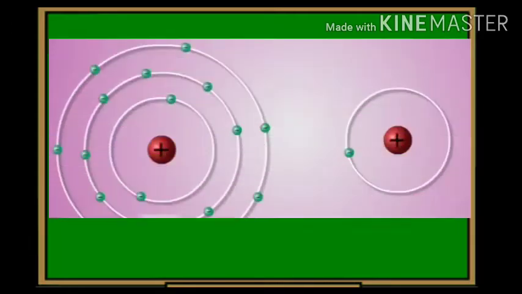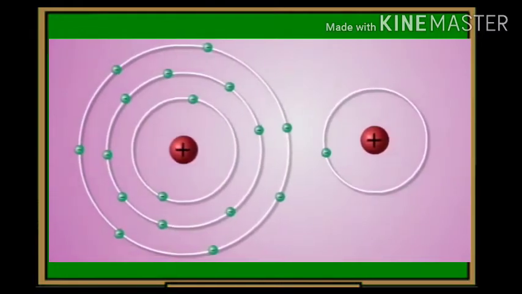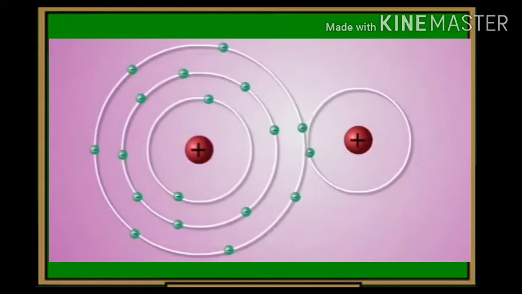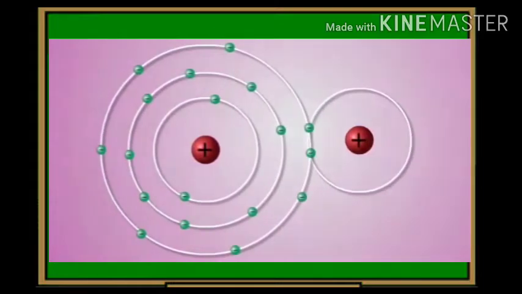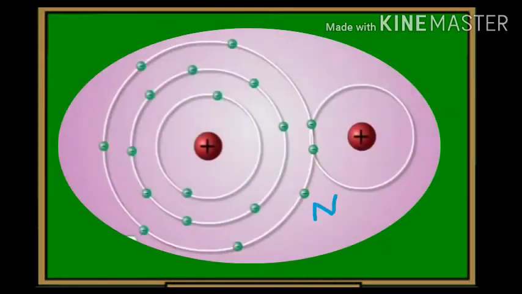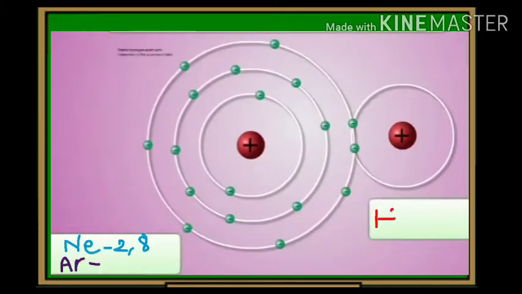Atoms of elements unite with the other atoms of elements to form molecules in order to attain chemical stability and complete their valence shell. To form an octet by achieving the electronic configuration of neon or argon, or a duplet in case the first shell is the valence shell, like that of helium.